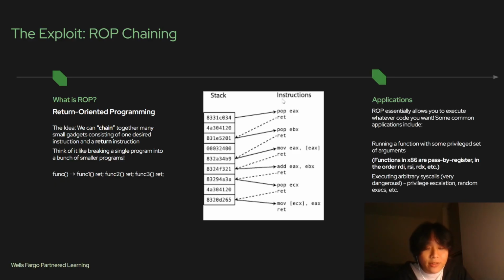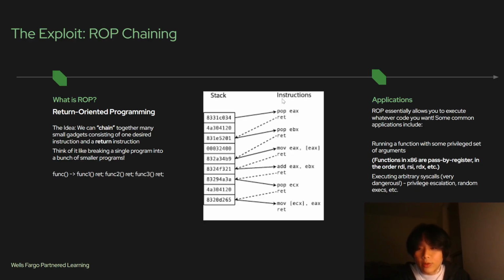And so the application of this is that ROP essentially allows you to execute whatever code you want. And some common applications include, first, the one that we'll be working on, running a function with some privileged set of arguments. And this is a bit easier in x86 because functions in x86 are passed by register.